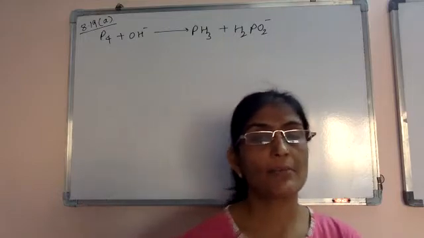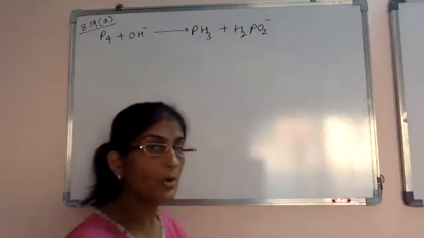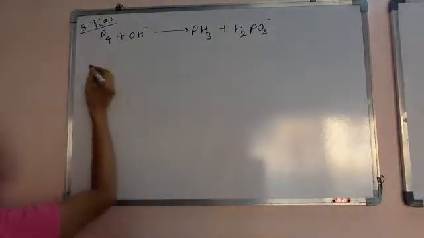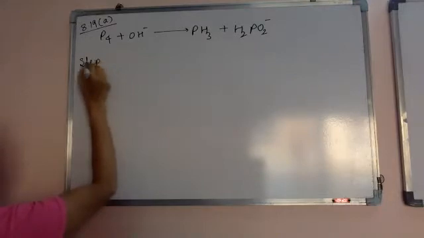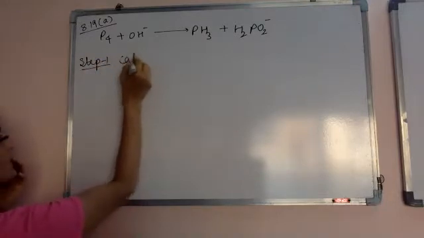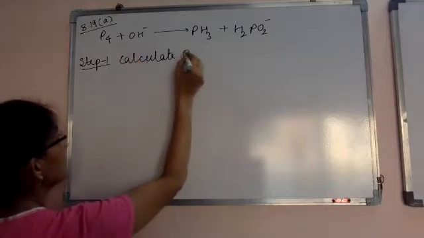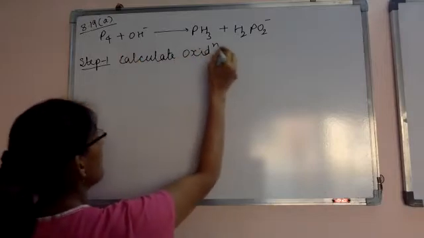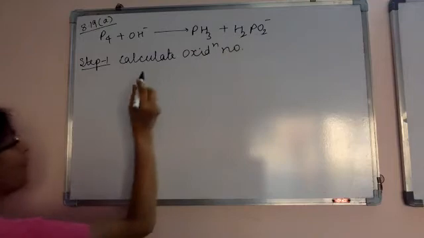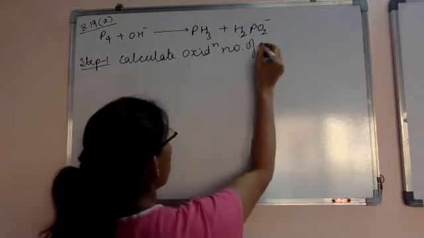Now, if you see this equation, first of all, we have to calculate the oxidation numbers. The first step is calculate oxidation number of all the elements.